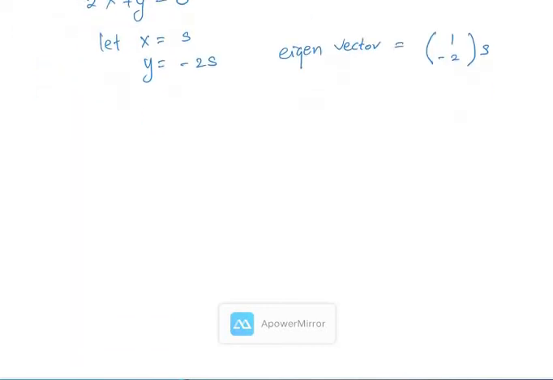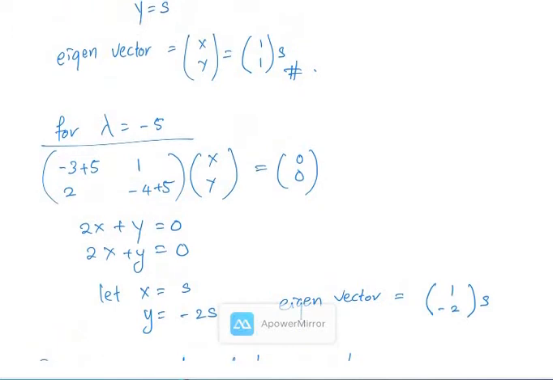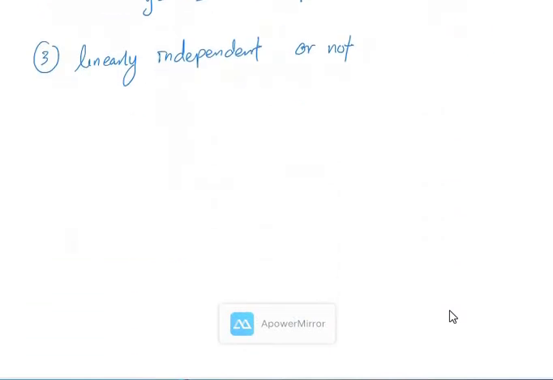And step 3 is to check whether they are linearly independent or not. So you get the eigenvector from the first lambda, that is 1, 1. And the second eigenvector is 1, negative 2. So 1, 1 and 1, negative 2.